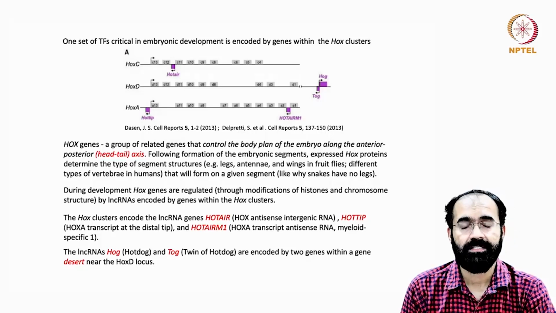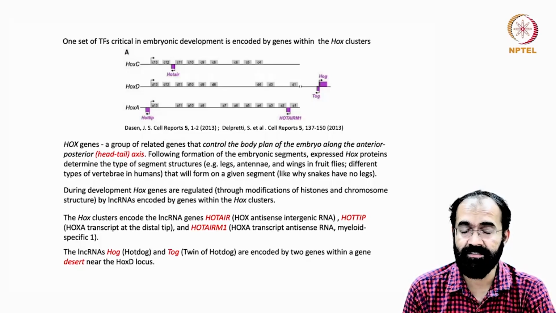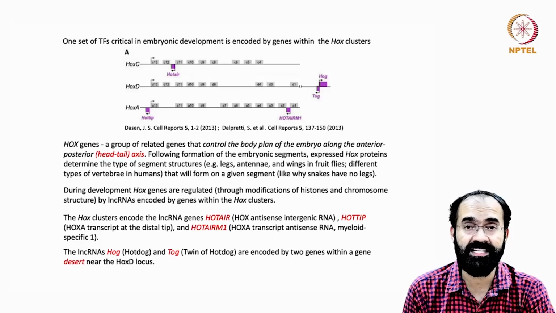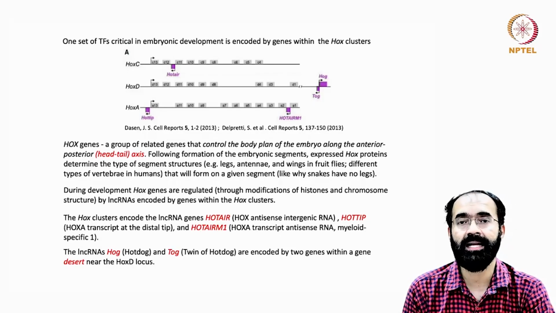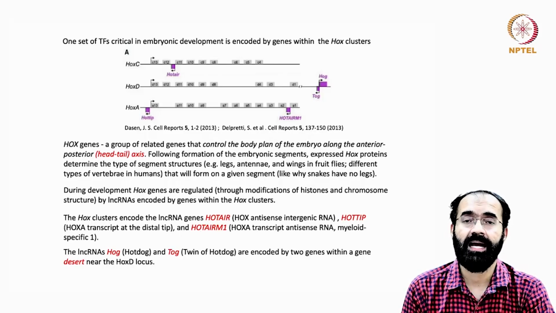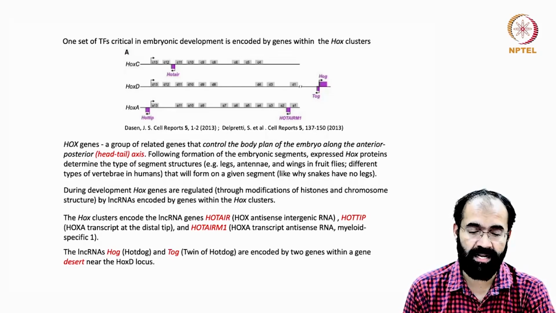So some of these non-coding RNAs are given names based on the location where they are present, and some of them are given names based on the disease condition in which they were discovered, and accordingly they have been given a name to start with, and later on people find out that it is necessary for the normal development of this organism.